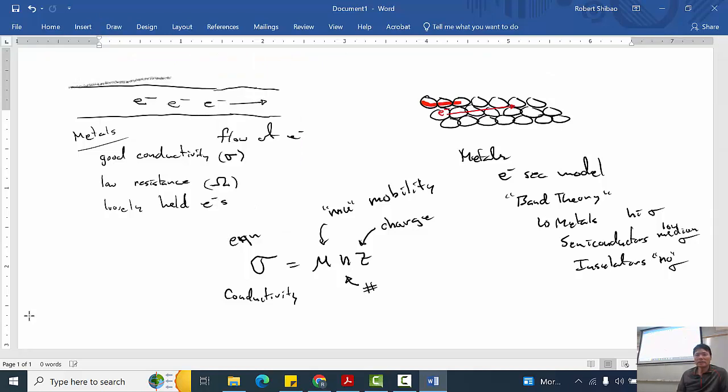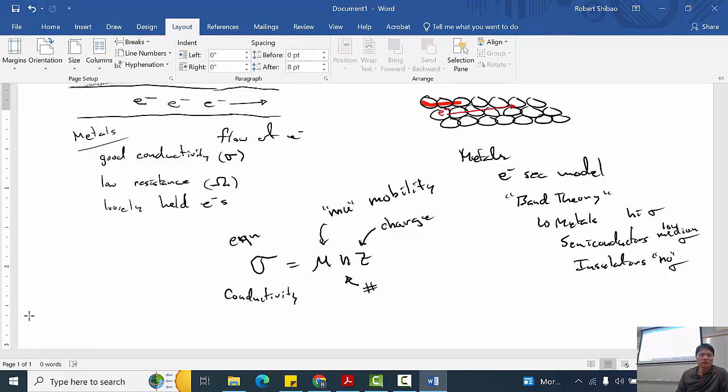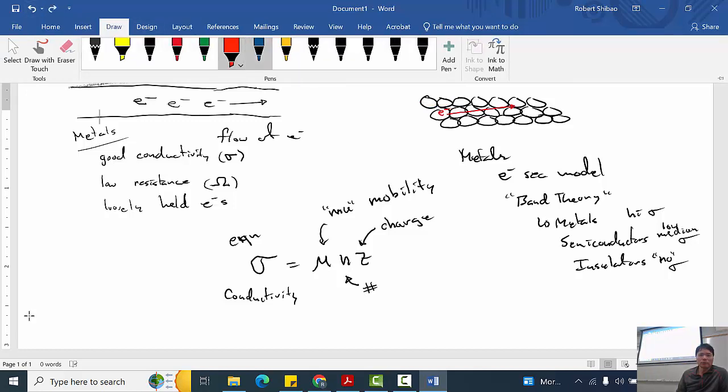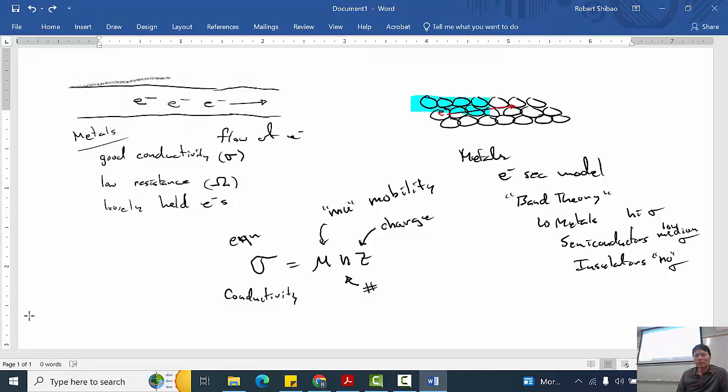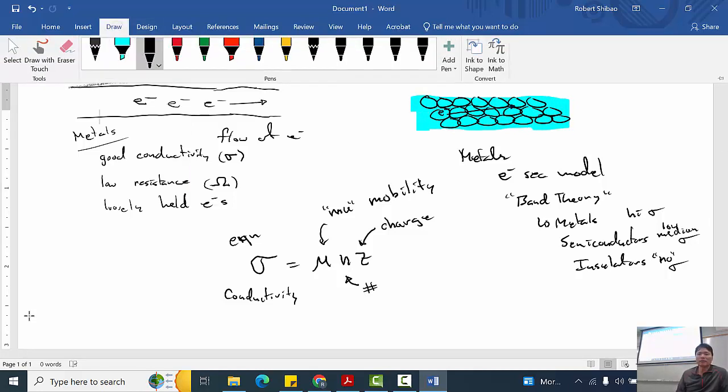Let me try to change that. Maybe I'll do it in light blue. Goodness. So this is the sea. The atoms are like fixed pier pilings in the sea.